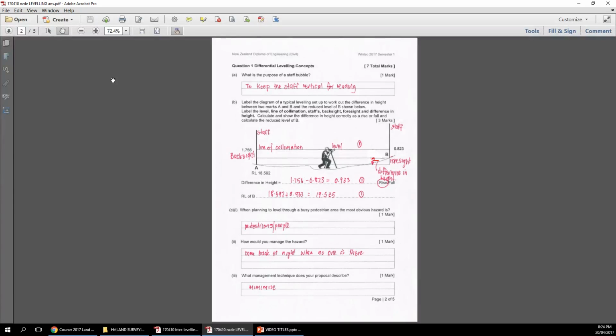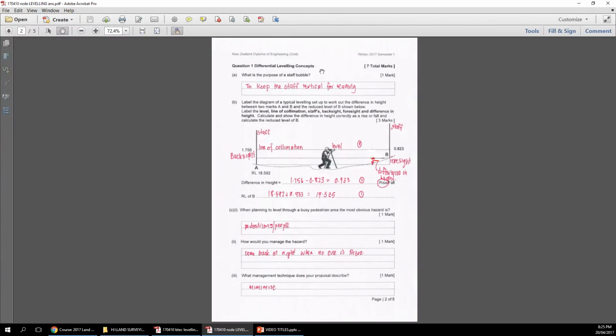Sometimes when you think, now that's right, isn't it, you're actually putting the opposite to what you mean. Vertical is straight up and down; horizontal is parallel to the earth, or level. So it keeps the staff vertical for reading, or truly vertical. Some of you used the word level. I wasn't too happy with that; I would have preferred vertical. So there's a bit of variation around that.